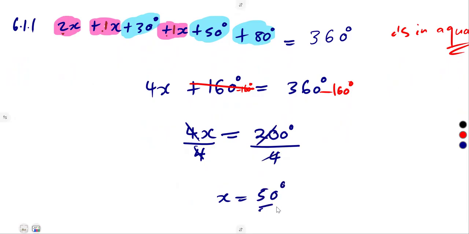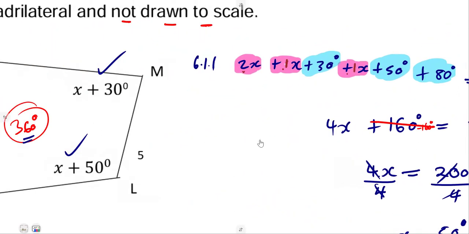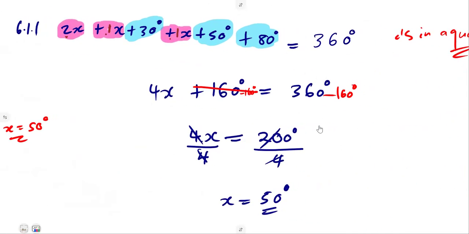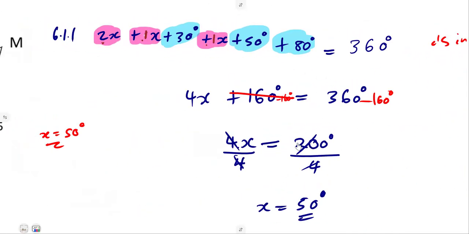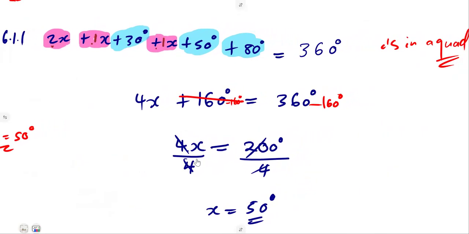So x is 50 degrees. Wherever we see x, it's 50 degrees. That is it: angles in a quadrilateral add up to 360 degrees, so you form an equation from there.